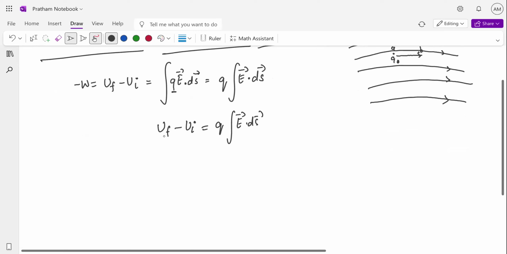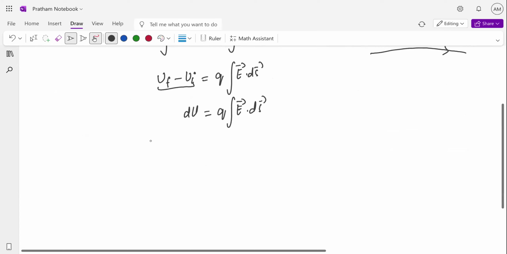I can rewrite the left side as the change in potential energy. Dividing by q, this becomes dU by q, which is potential energy per unit charge. And what do we call potential energy per unit charge?